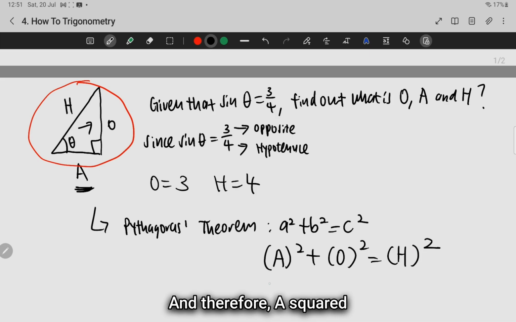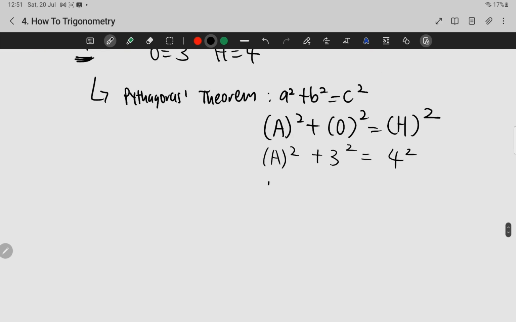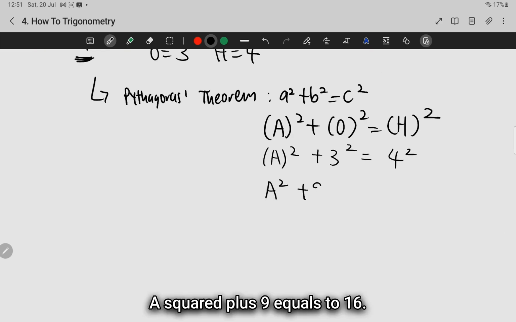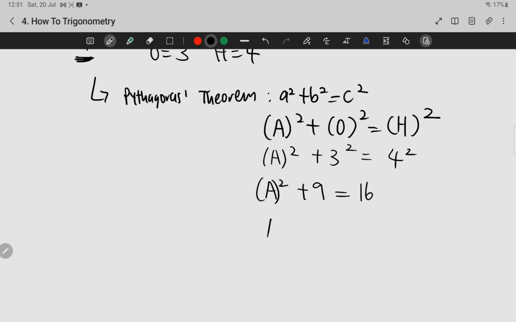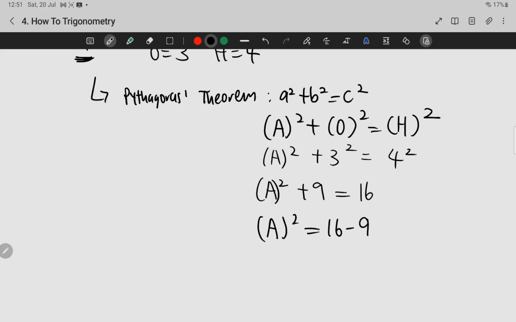And therefore, A squared plus 3 squared is 4 squared. A squared plus 9 equals 16. A squared is 16 minus 9.